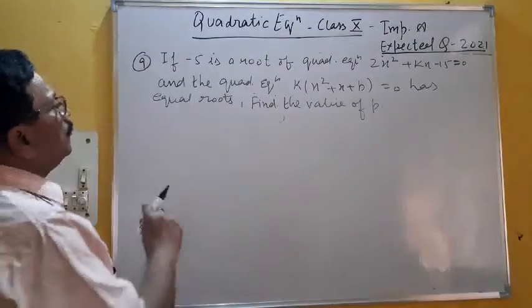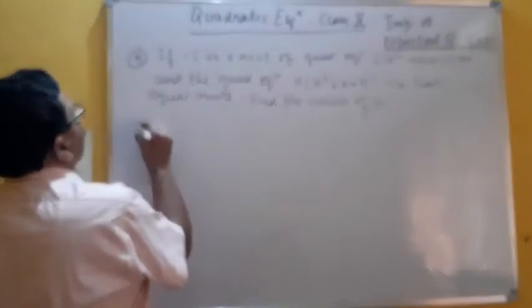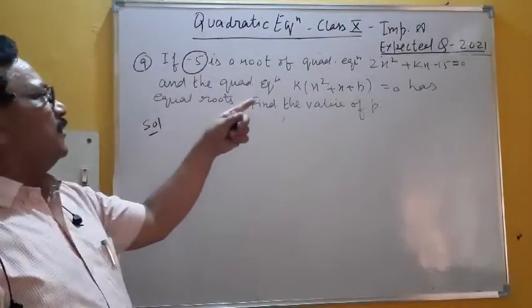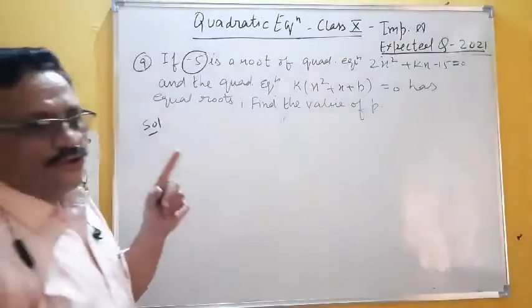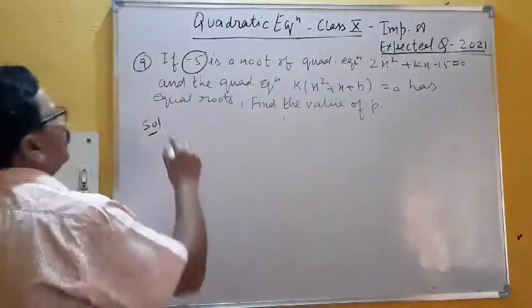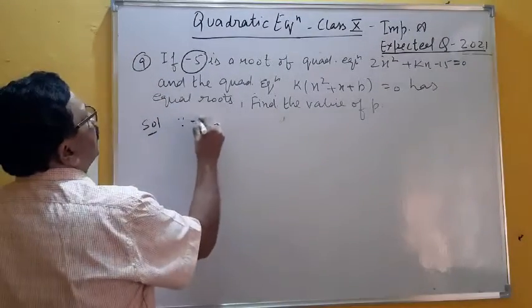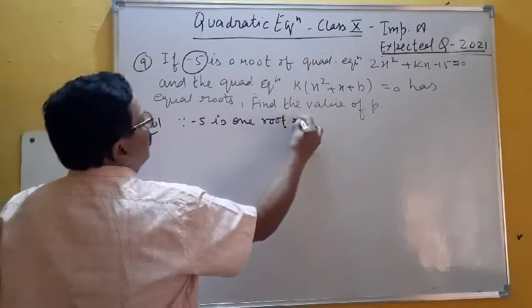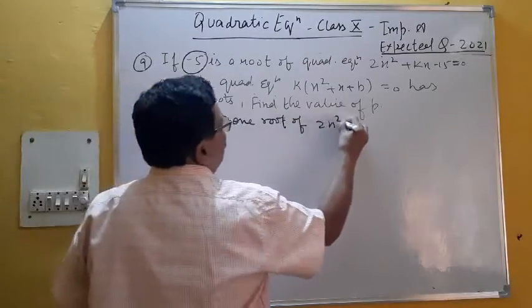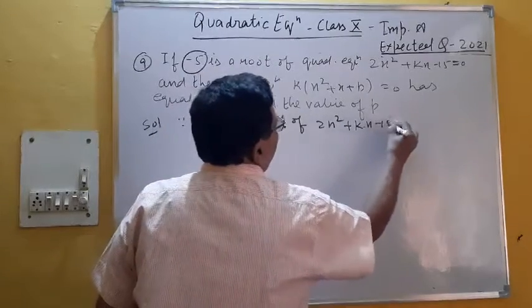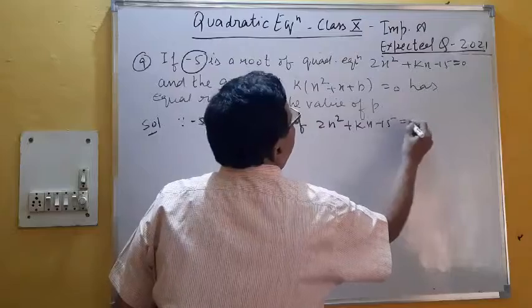Okay, so what to do? Solution. First of all, minus 5 is one of the roots of the quadratic equation. You can find the value of k by using the factor theorem, which you already used in class 9. So minus 5 is one root of 2x square plus kx minus 15 equal to 0.